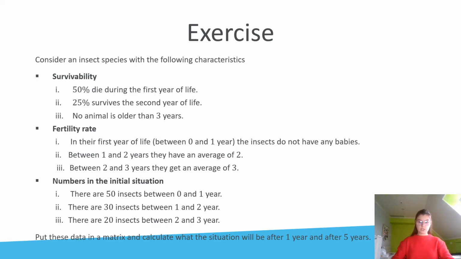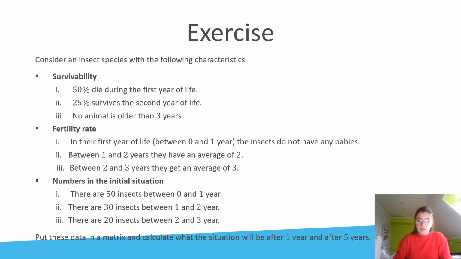We now take a look at our exercise. Consider an insect species with the following characteristics. Survivability. 1. 50% die during the first year of life. 2. 25% survives the second year of life. Third, no animal is older than 3 years.